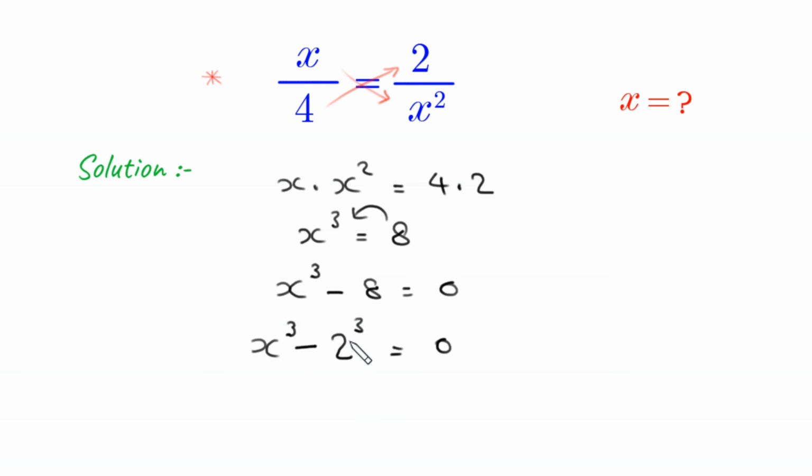Now we have difference of 2 cubes, so by using this algebraic identity, a cubed minus b cubed is equal to a minus b times a squared plus ab plus b squared.